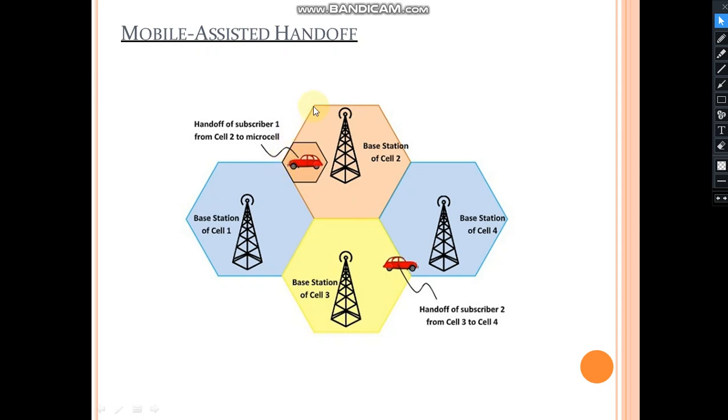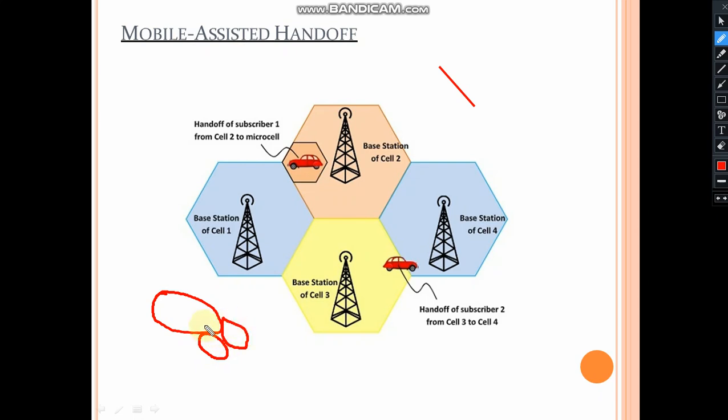If you draw circles, it is very difficult to show coverage. For example, if you draw this kind of circle, this kind of geographical area cannot be covered.